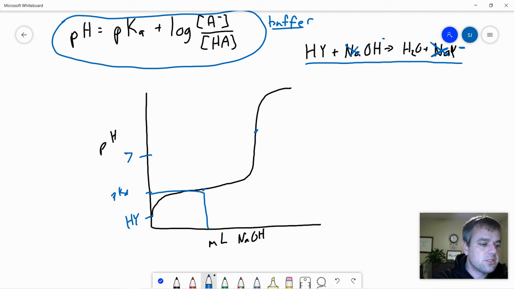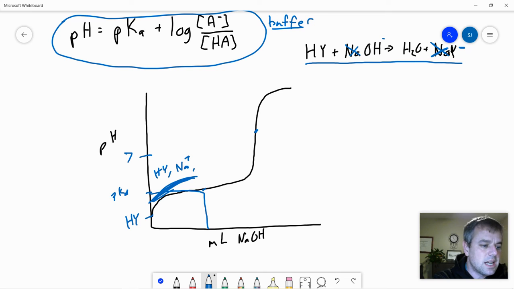In this region, right through here, the major species are HY and also Na pluses, because you're adding sodium hydroxide, and anywhere past the starting point, sodium ions are going to be quite prevalent in solution.